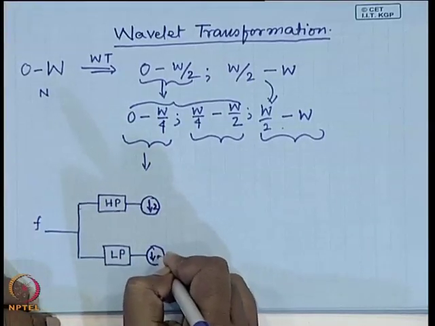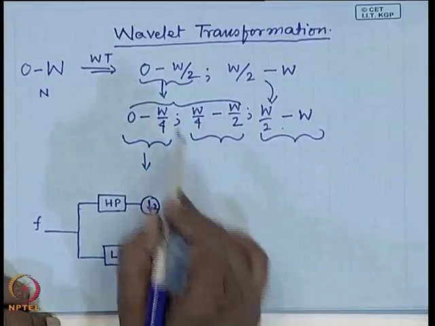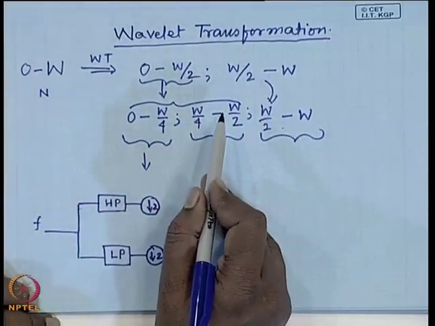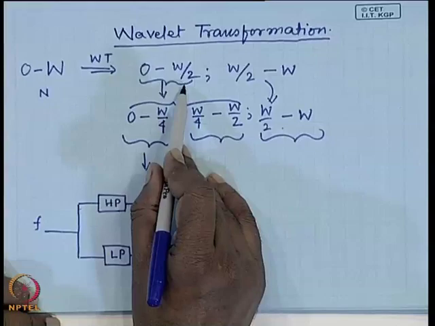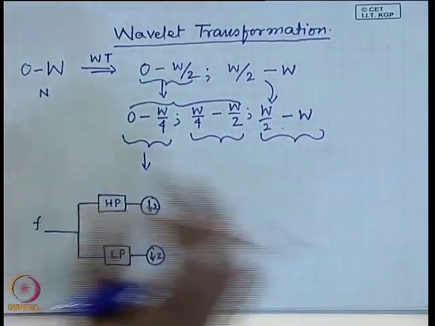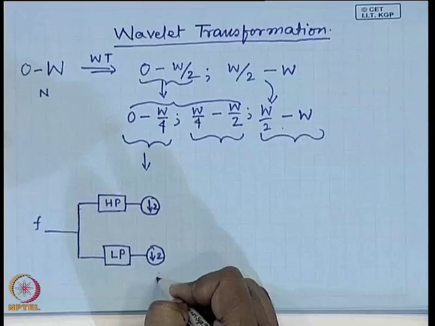So, when I have a total of n samples, if I simply do low pass filtering and high pass filtering, the output of this band will be n samples, and this band will also be n samples. So, from n samples I generate 2n samples, but I can reduce the size using this concept of subsampling by a factor of 2.